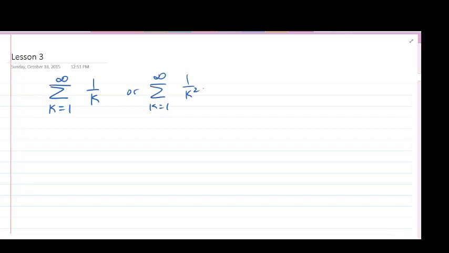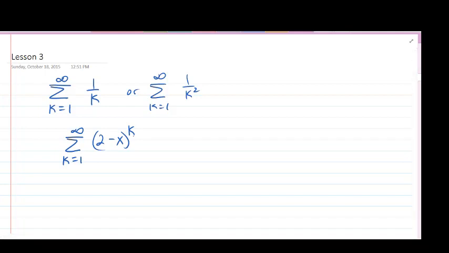Now what we want to do is say, okay, what about a series like this? The summation as k goes from 1 to infinity of (2 minus x) to the k, where x now is a variable.